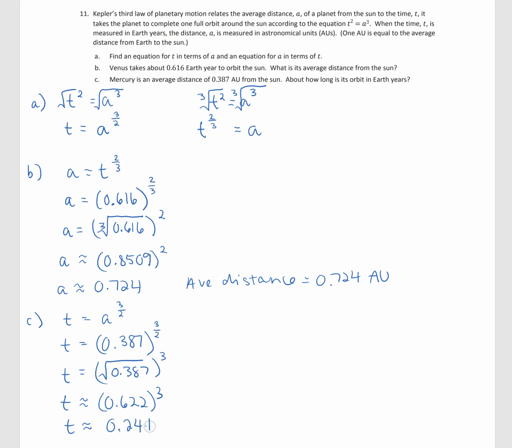And the units of this are in Earth years, so the orbit is about 0.241 Earth years. Okay, so those are the answers to question 11 of part 2.